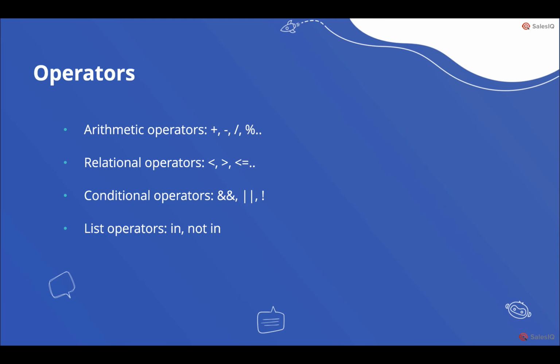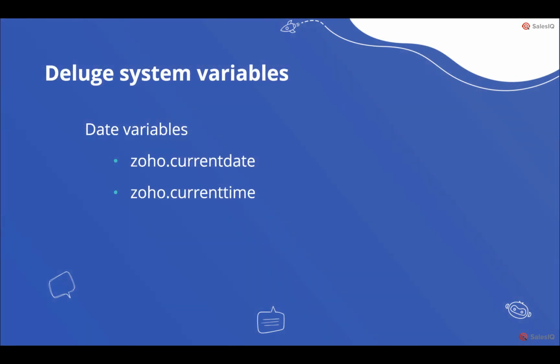And then you have Deluge system variables to retrieve the current date and time. So using zoho.currentdate and zoho.currenttime, you can pull out the current date and time in case any of your requirements need these values.